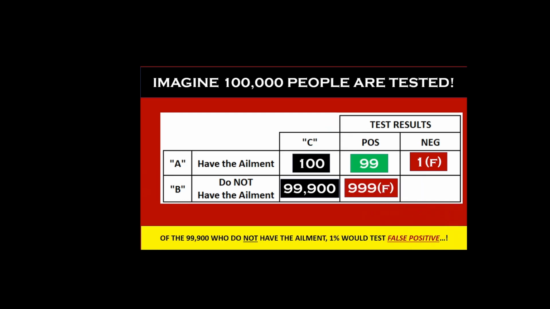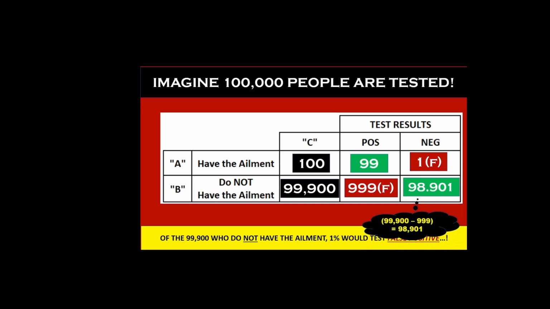Fair enough? Now of the 99,900 people who do not have the ailment, 1% unfortunately would be tested as false positive. That is, they would be told that they actually have the disease when they don't have the disease. And 98,901 people would be told correctly that they do not have the ailments.